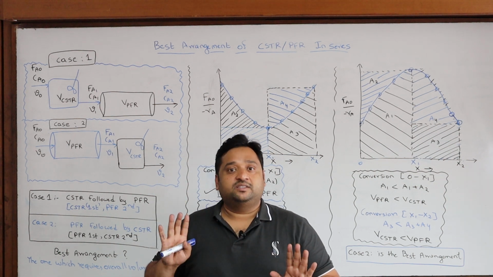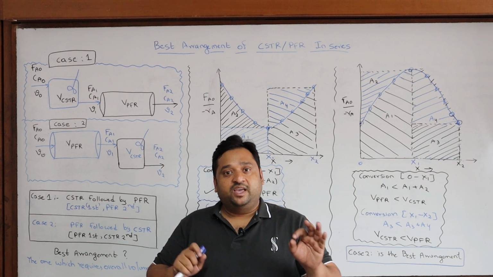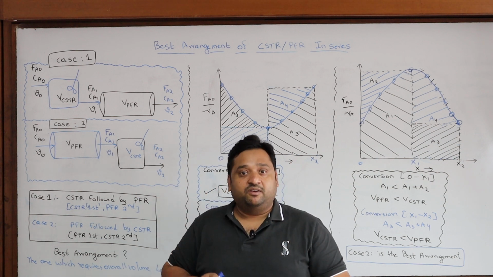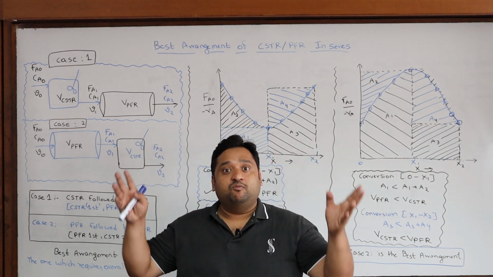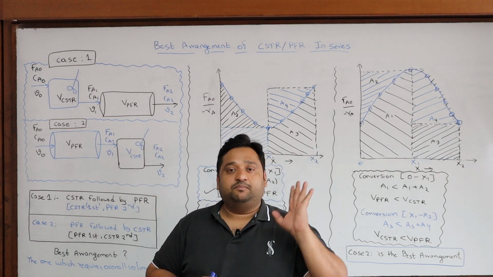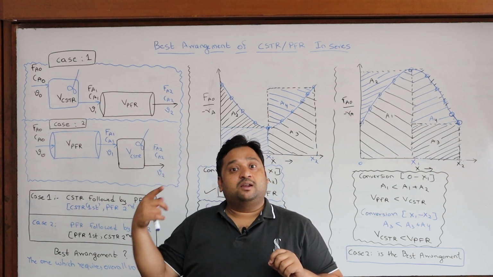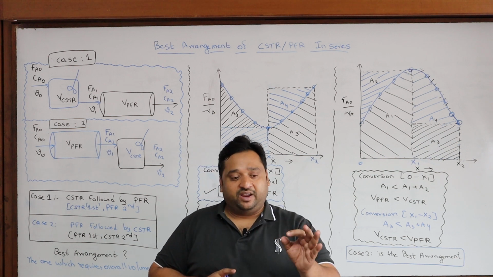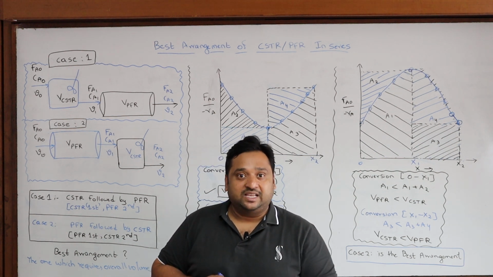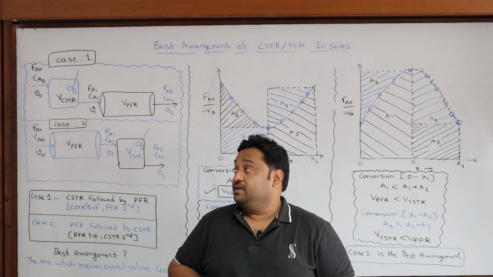Overall volume is nothing but the CSTR volume plus the PFR volume. In whichever arrangement I get the overall volume less, that is the best arrangement.